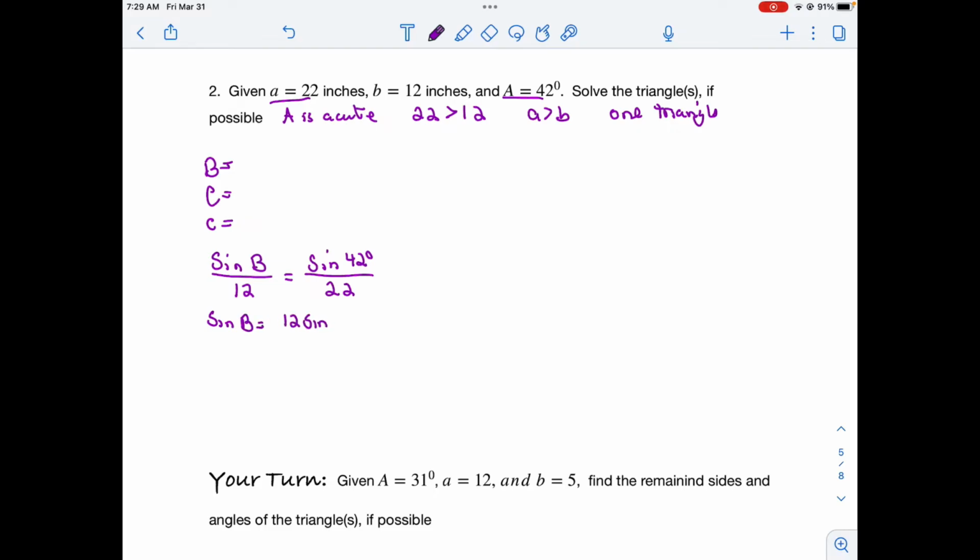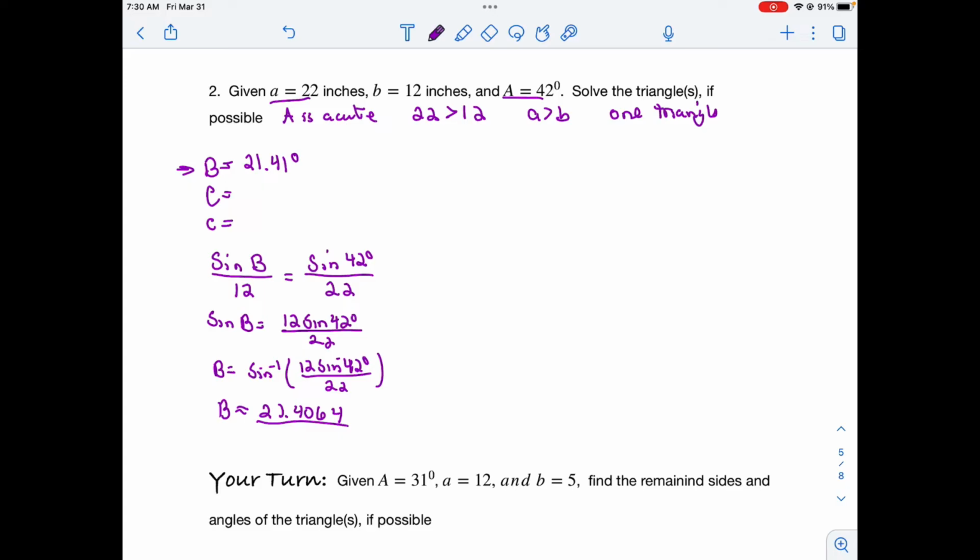Solving for angle B by first multiplying by 12 and then taking the inverse sine, I get that the measure of angle B is approximately 21.4064. On my answer key, I'm only going to write 21.41 because I'm going to round to 2 decimal places unless specified otherwise.